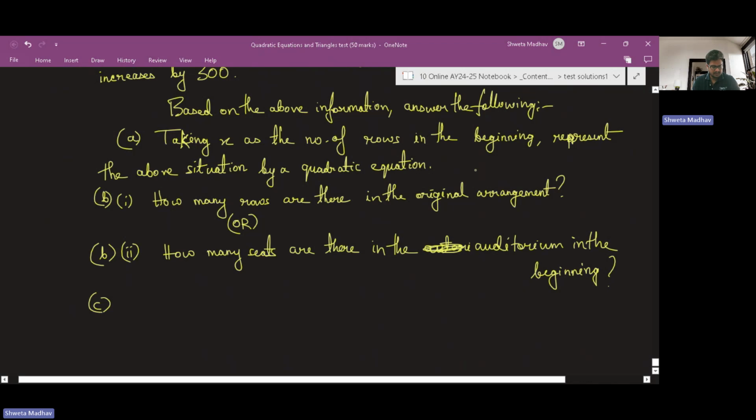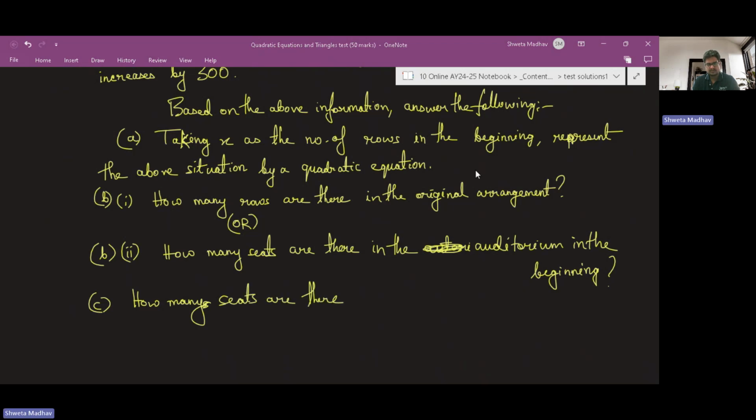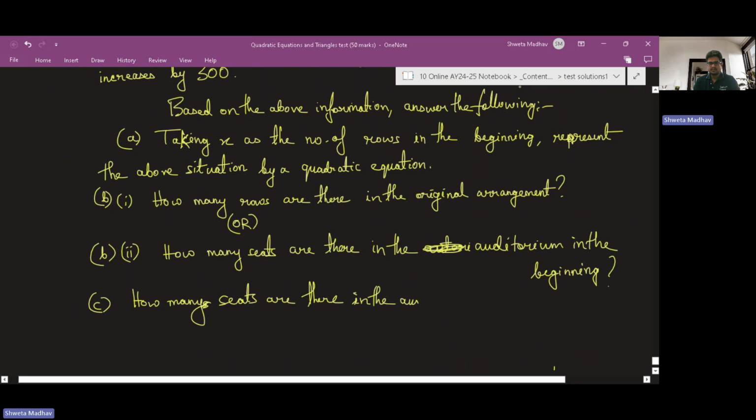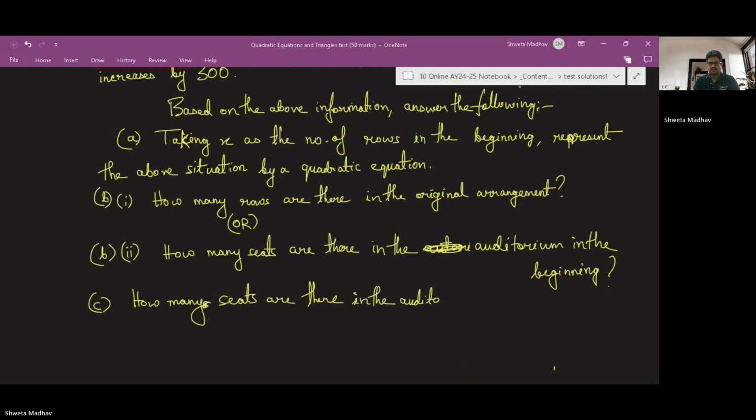Then in part C it is given: how many seats are there in the auditorium after rearrangement?